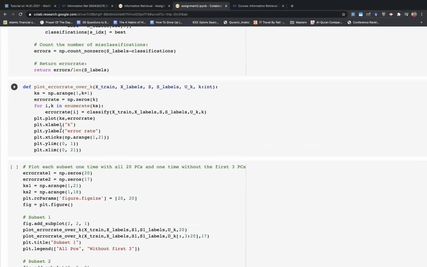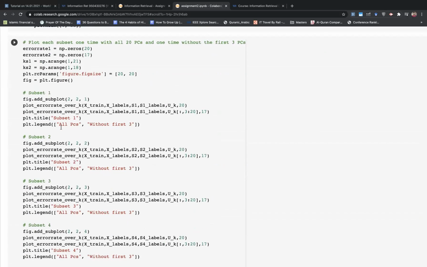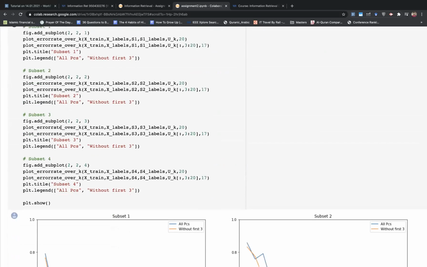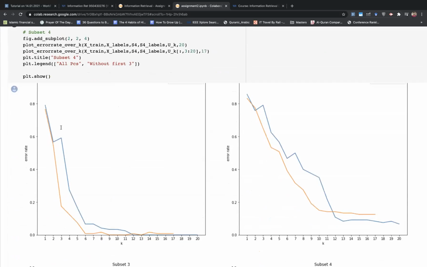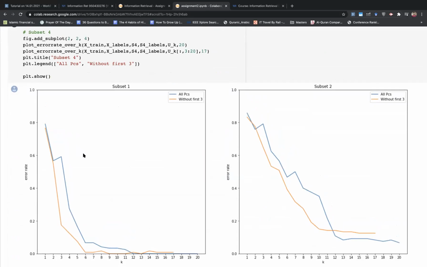I'm not going to go into the implementation because it was pretty straightforward, and you could also guess by looking at the graph how your graph should look, right? Okay, so let's look at subset one.